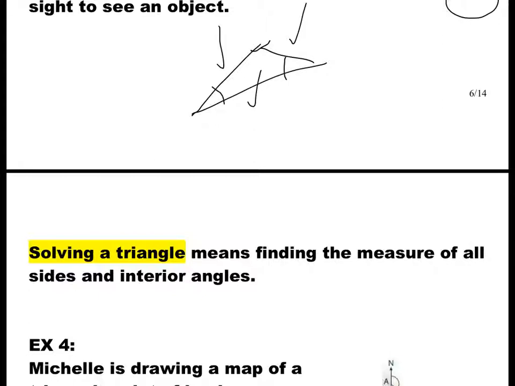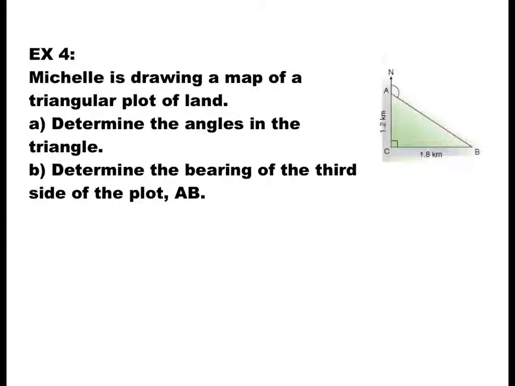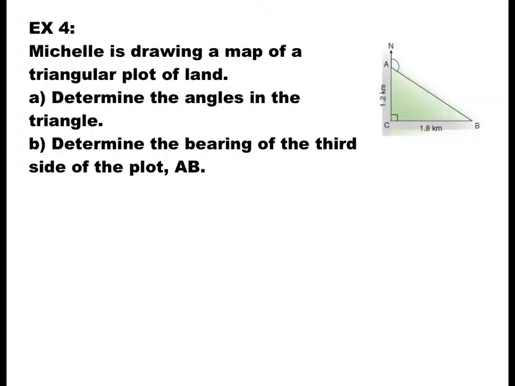So the next example is a word problem which says that Michel is drawing a map of a triangular plot of land. The measurements are given, 1.2 kilometers and 1.8 kilometers. Determine the angles in the triangle.